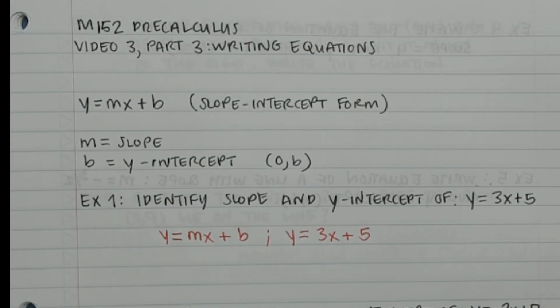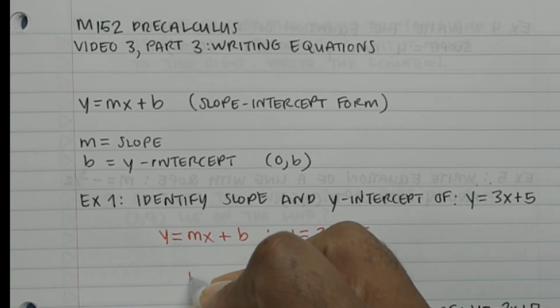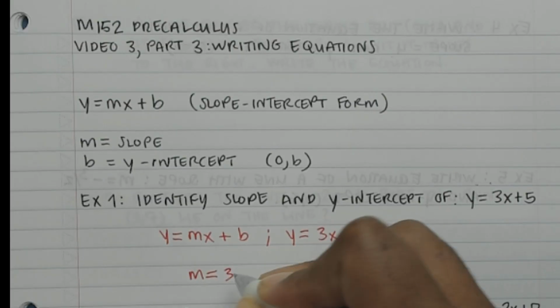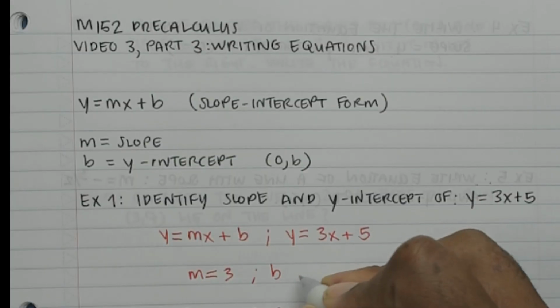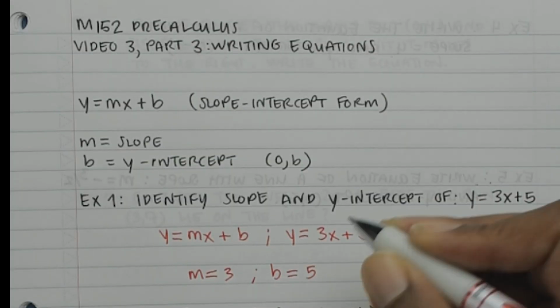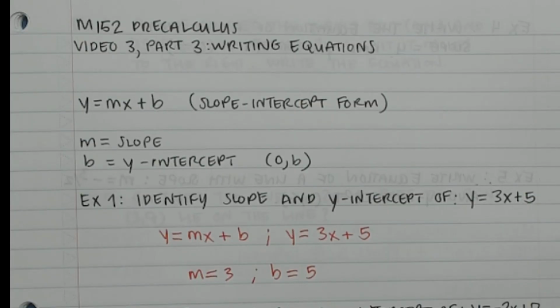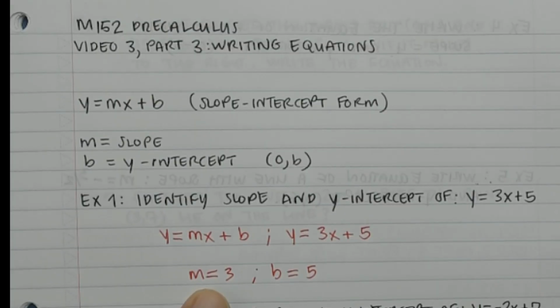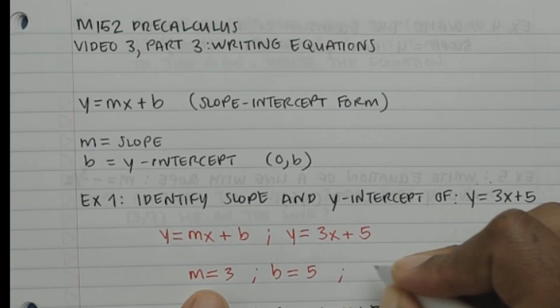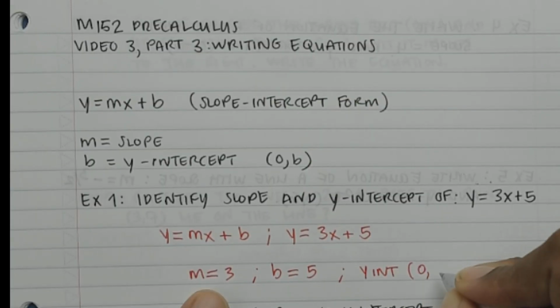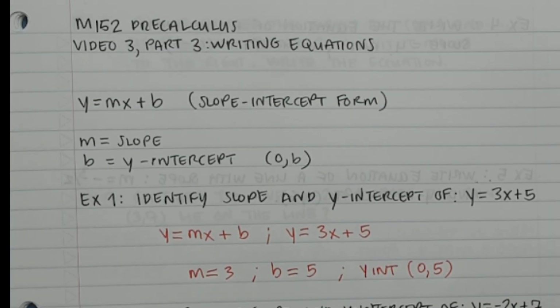So, when we compare the two equations, we can essentially say that m is equal to 3 and that b is equal to positive 5. So therefore, the slope would be 3 and the y-intercept would be (0, 5).